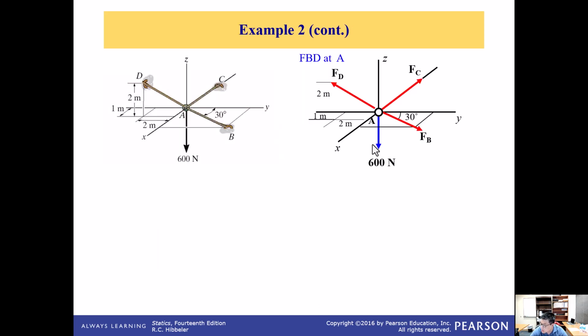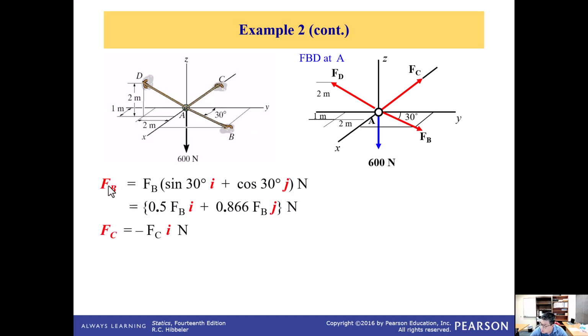So here is the free body diagram. You will have point A, we have 4 forces. So FB will be F times sine 30 i plus cosine 30 j, and because the vector F is in the plane of X and Y, it doesn't have a Z component; its component in the Z direction is 0.